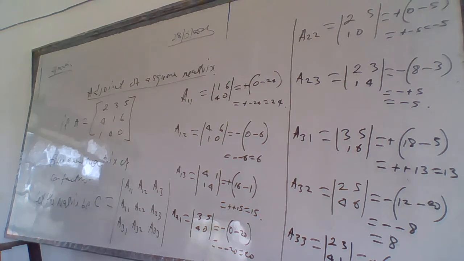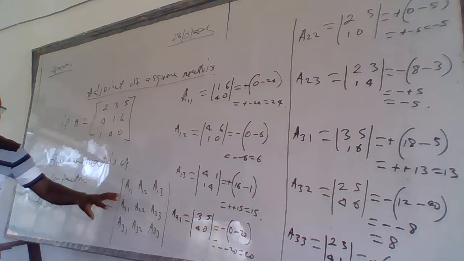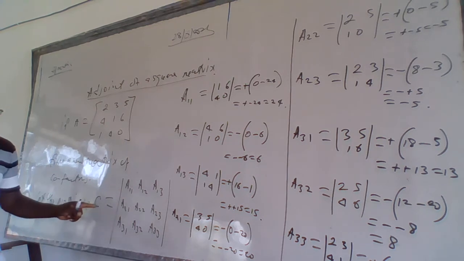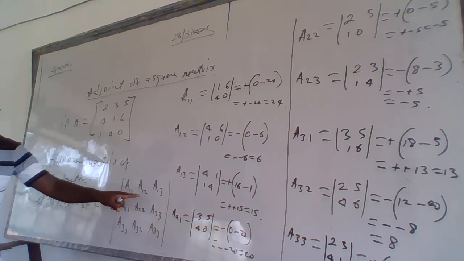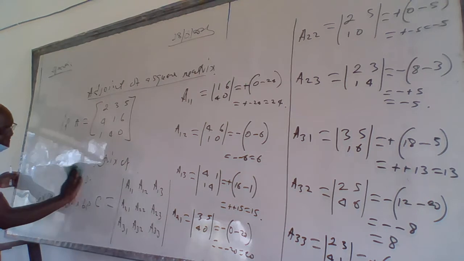So therefore we can now rewrite the matrix for cofactors now that we have A11, A12 like that. Let me rub this.